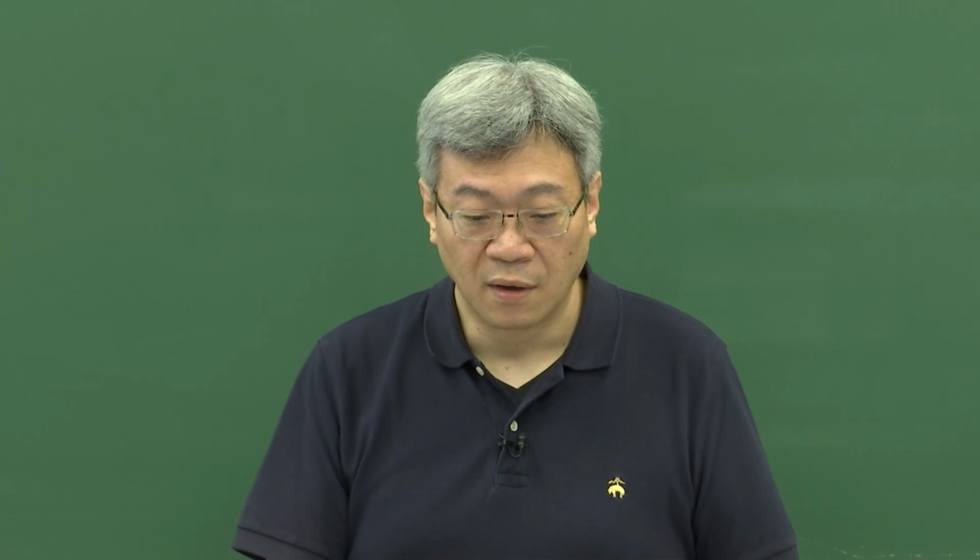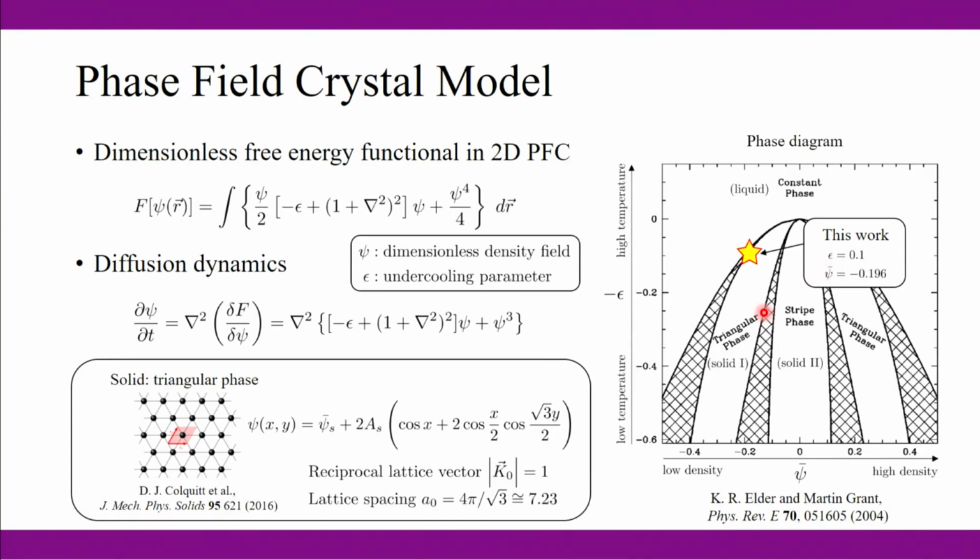You can see epsilon equals 0.1, which is the value we frequently use in the tutorial session, and psi bar is about minus 0.196, so that's really close to the solidus line. So although I have a solid, the interface is going to be rather smooth and rather mobile.